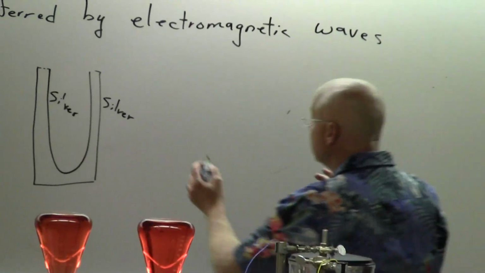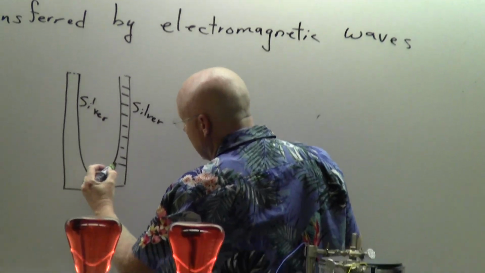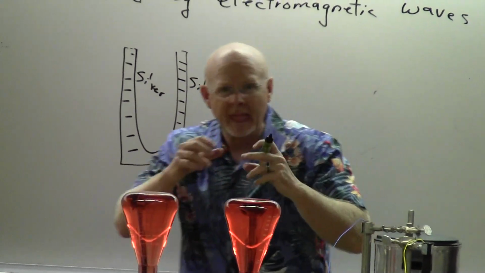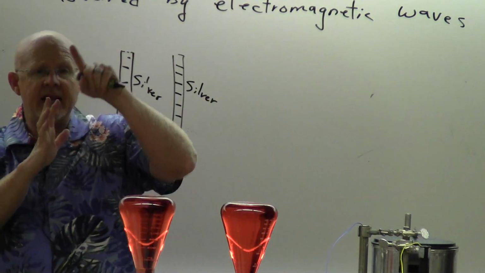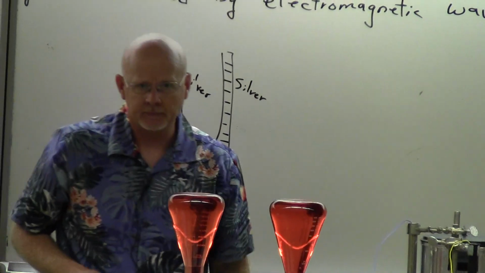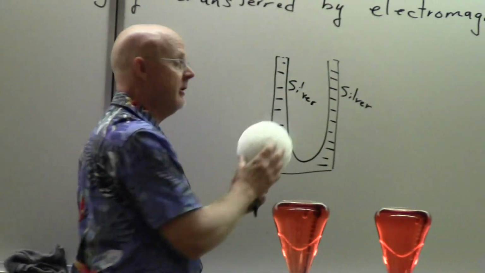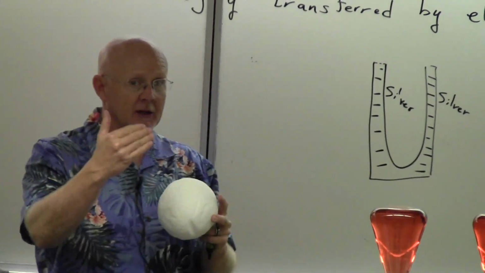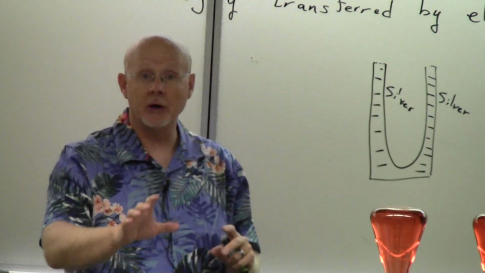Styrofoam's really nice because, number one, it doesn't conduct very well. And then number two, it takes up space so that if there was any air in there, it couldn't circulate around with convections. So this styrofoam stuffed in here stops convections and significantly reduces conduction. But you know what would even work better?